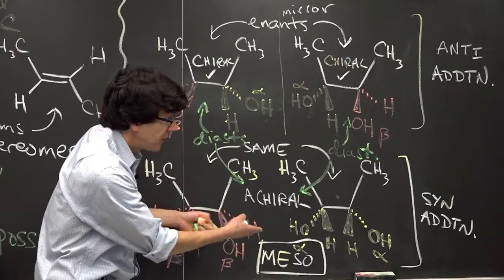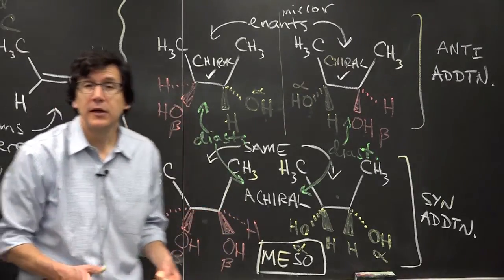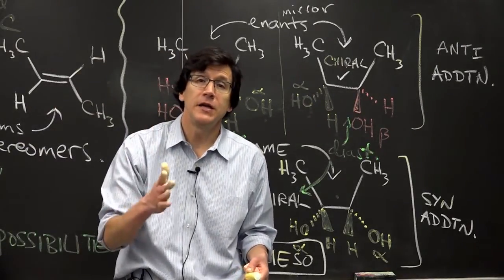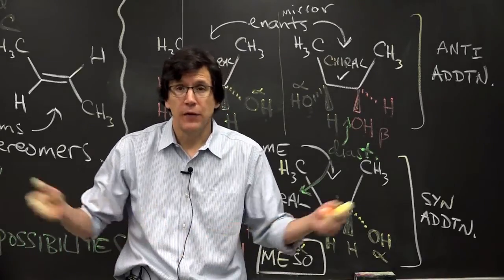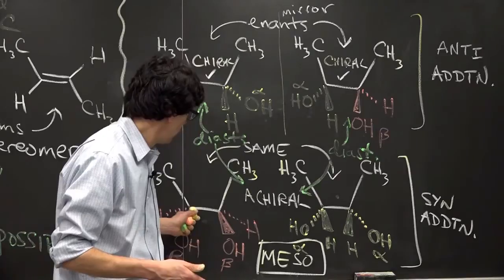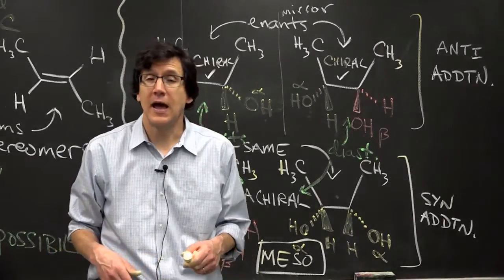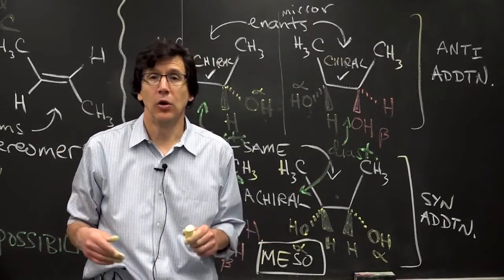A tip-off that you may be dealing with a meso compound is if you can find a plane or a center of symmetry in the molecule, and even though you have, in this case, 2 carbons with 4 different things attached, the molecule as a whole is achiral.